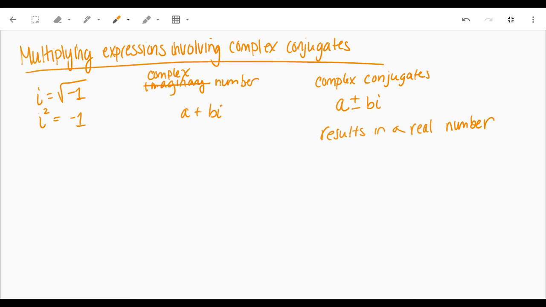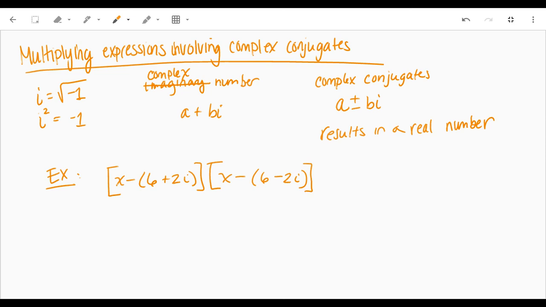Okay, so the example that we have is x minus 6 plus 2i times x minus 6 minus 2i.